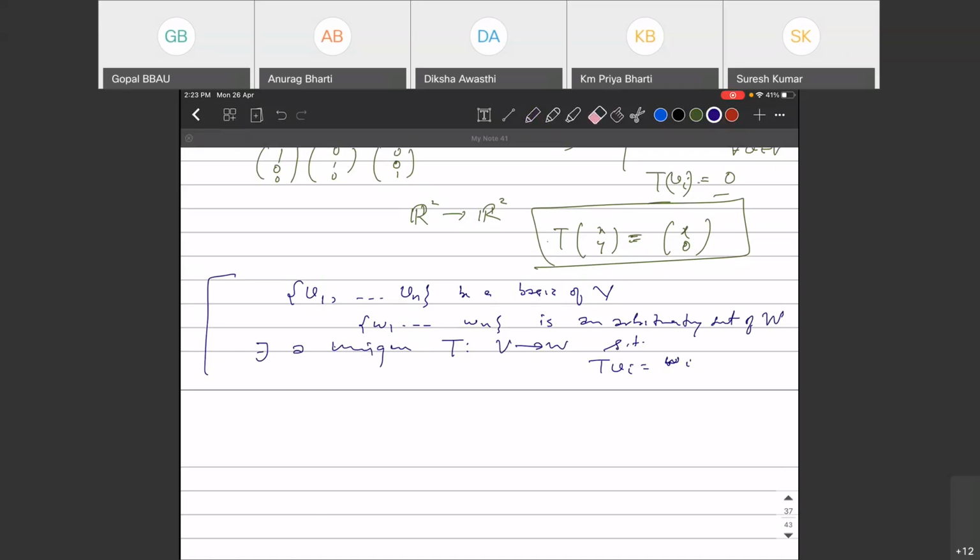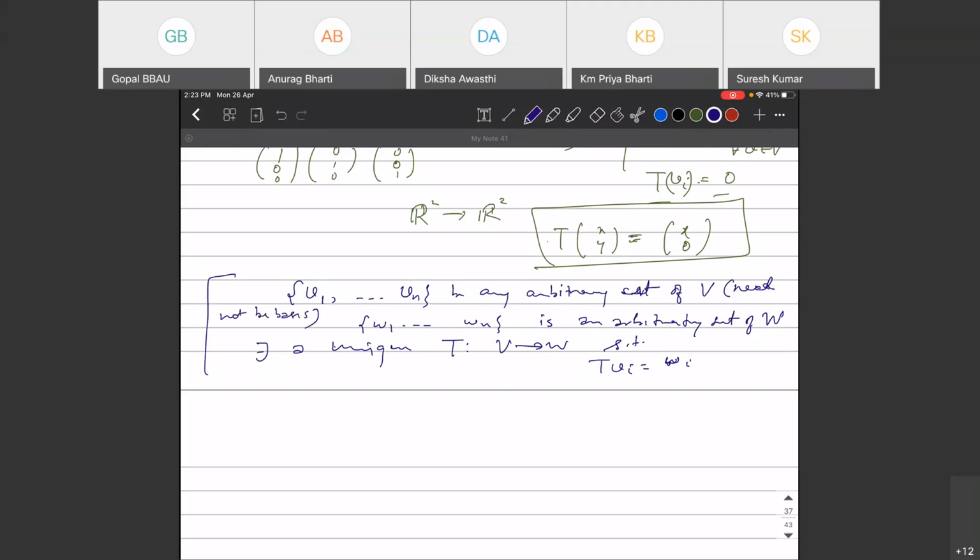वी कैन आस्क, अगर ये वह कंडीशन हम हटा देते हैं, V1 V2 Vn कोई भी सेट है, be any arbitrary set of V, need not be a basis.